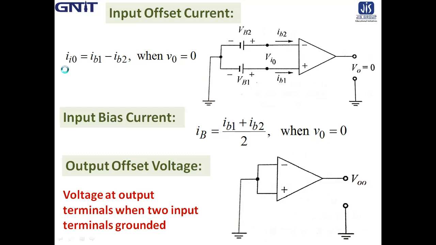So mathematically the input offset current is represented as, say, I0, which is equal to IB1 minus IB2, where IB1 and IB2 are the currents for non-inverting and inverting input terminals, when V0, that is the output voltage, is 0.